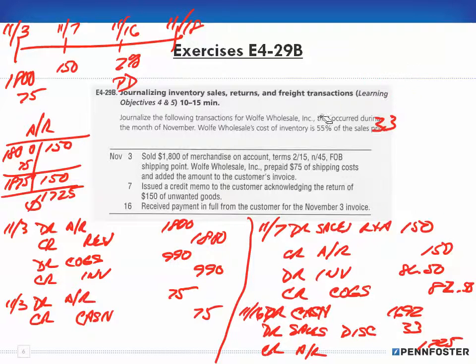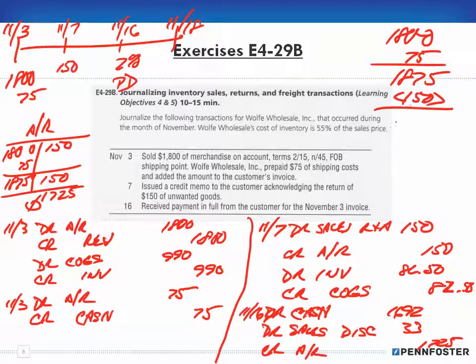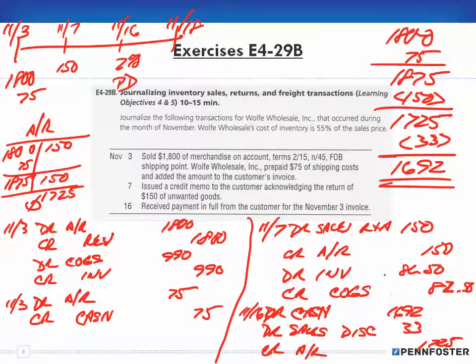Let me write that up in here. I could have started out with my 1800, and then I had 75 for shipping, which gives me 1875, and then I have to take out 150 for the return, which is 1725, and then I have to take out the $33 for the discount, which gives me 1692. That's how much the customer would pay me. Or I could have just looked at this journal entry. Remember, debits have to equal credits.